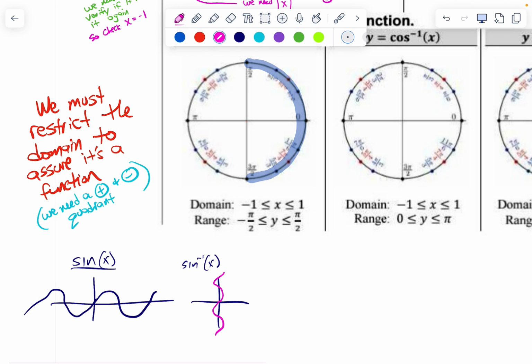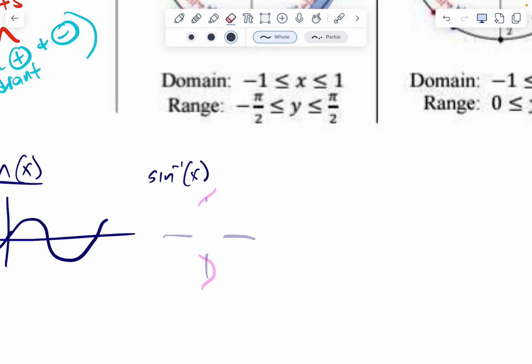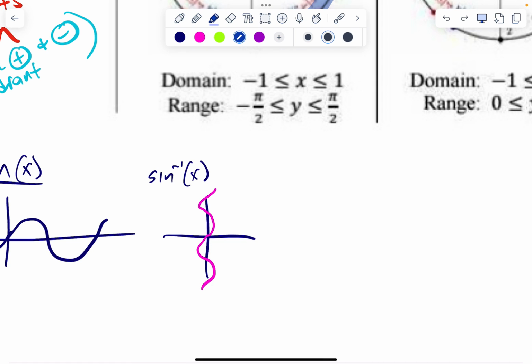We have to limit this to just one little segment of that. Top half. Just that little piece is what we're doing.